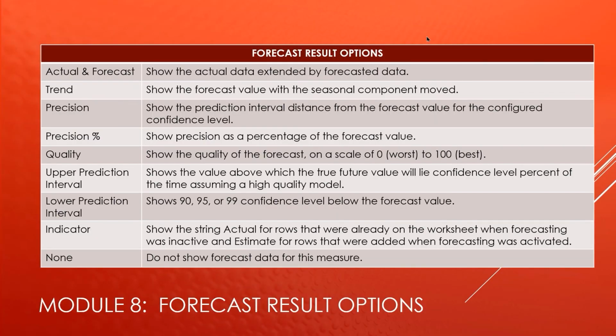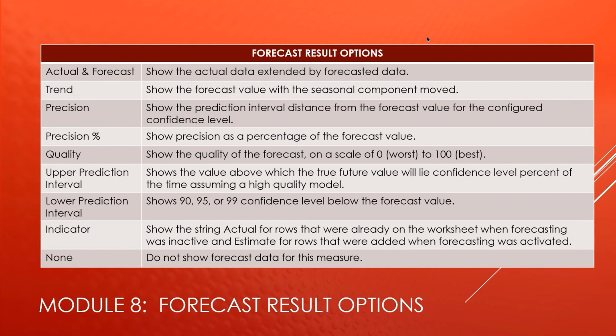And last but not least, before we get hands-on, this slide is showing forecast result options. So it defaults to actual and forecast, which show the actual data extended by forecasted data. Your other options are trend. It will show the forecast value with the seasonal component removed.